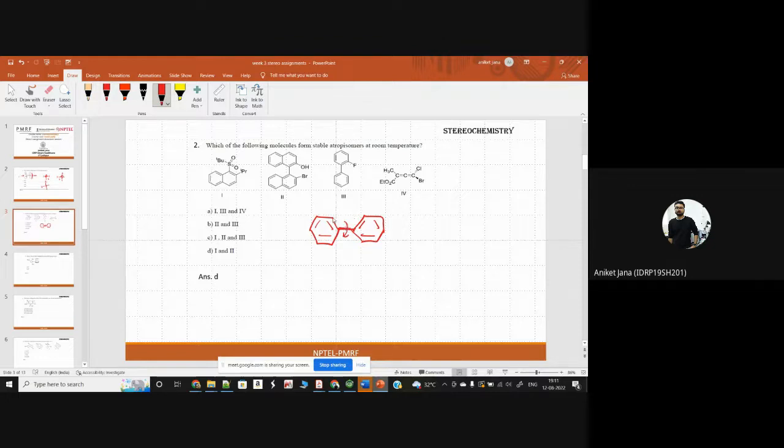But when some bulky group is there, the rotation around the single bond is restricted. So the two phenyl rings, due to repulsion of these groups, cannot stay in the same plane. If one is in this plane, the other remains perpendicular.